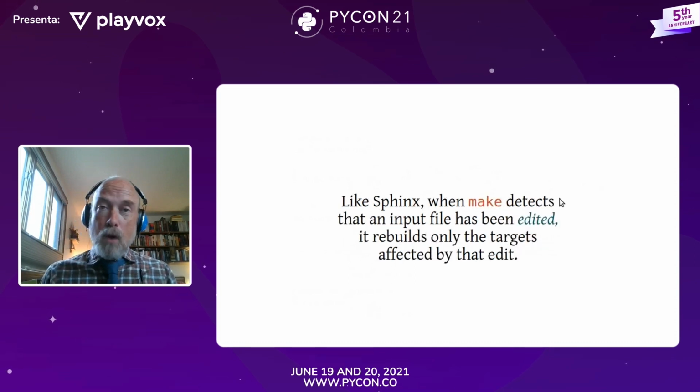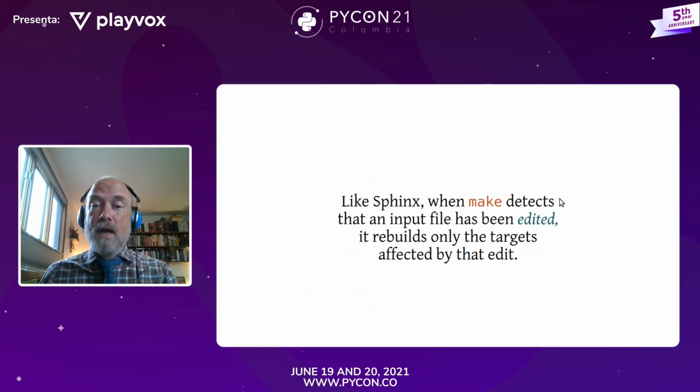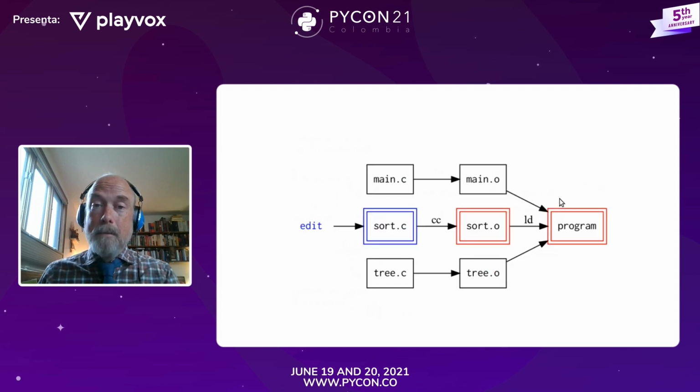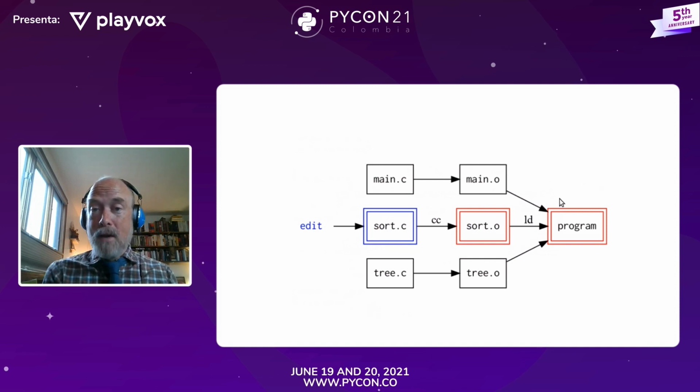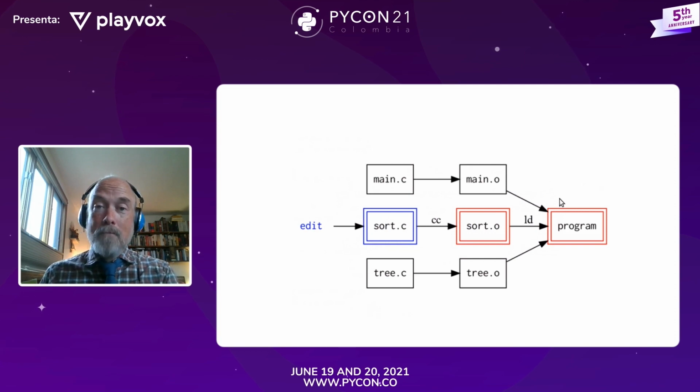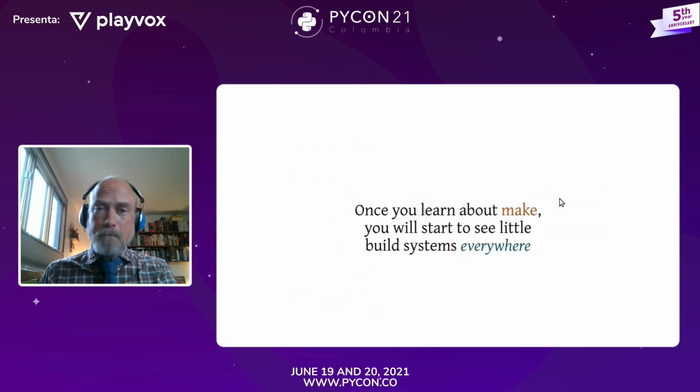Like Sphinx, when Make detects that an input file has been edited, it rebuilds only the targets affected by that edit. So if you edit sort.c, Make knows it needs to both rebuild sort.o, and then because that makes the program out of date, it also needs to link the .o files back together to build a new copy of the program. It understands builds that take several steps.